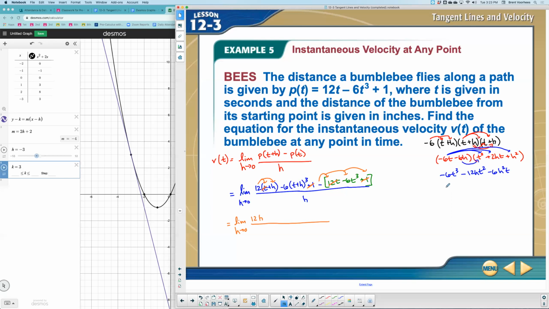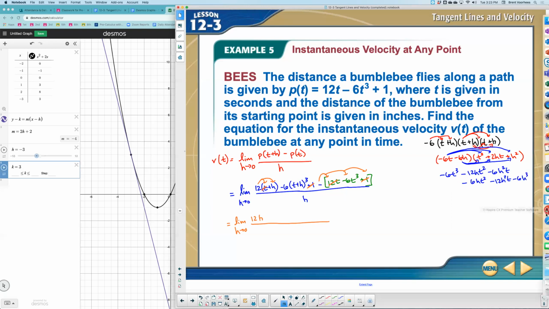Here we have minus 6h squared, no, that's off, sorry. T squared, minus 6ht squared. Here I have a minus 12h squared t. And then finally, right there, minus 6h cubed.